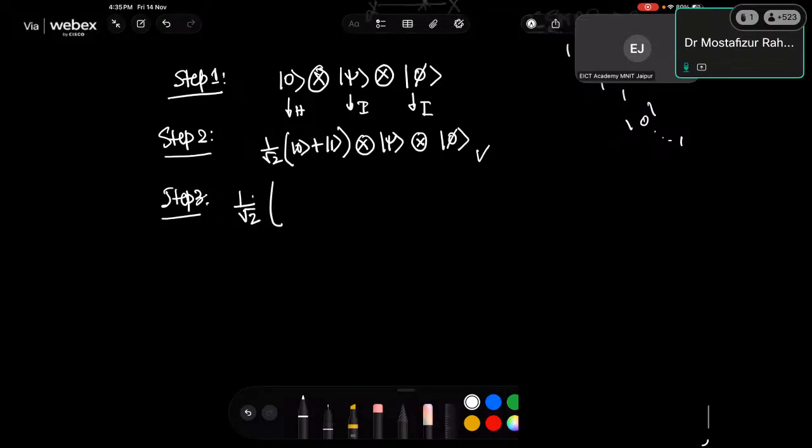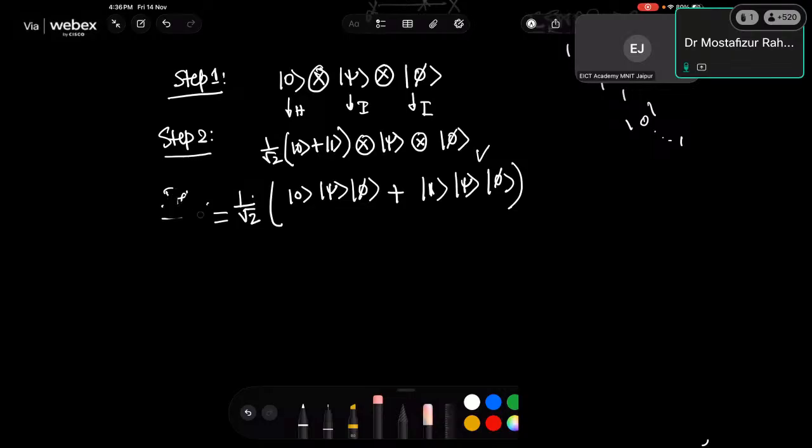Before applying this, just breaking the steps, that is 0, psi, and phi, plus 1, psi, and phi. These are the two steps before the swap, right? These two are equivalent, so I can erase this and write step 3 here.